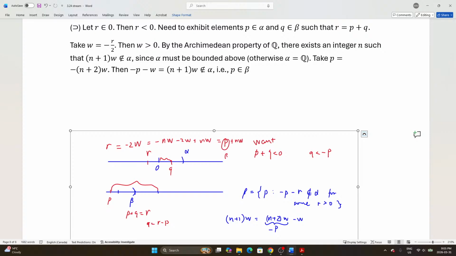P is in beta. Is nW in alpha? We don't know. M plus W is not in alpha. We actually have no idea.